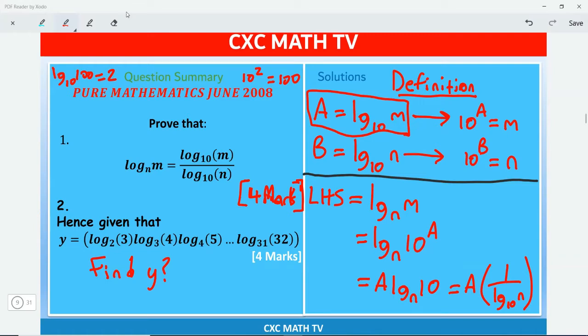Hence, given that y is log to base 2 of 3 times log to base 3 of 4 times log to base 4 of 5, all the way up to log to base 31 of 32, find the value of y.